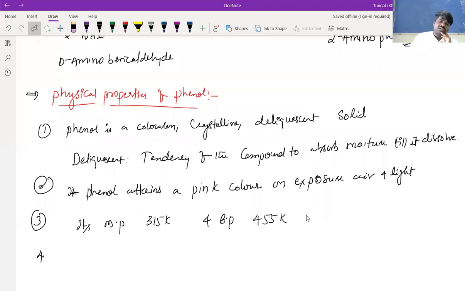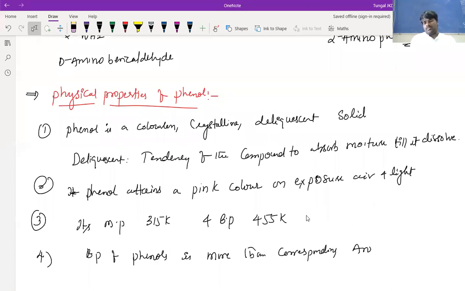Basically, the boiling point of phenols is more than corresponding aromatic hydrocarbons and ethers due to hydrogen bonding.